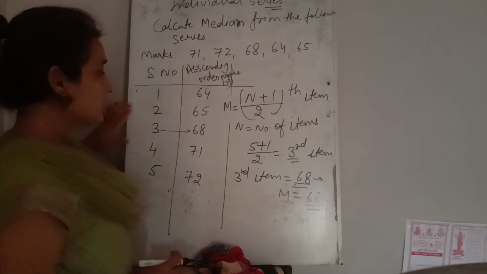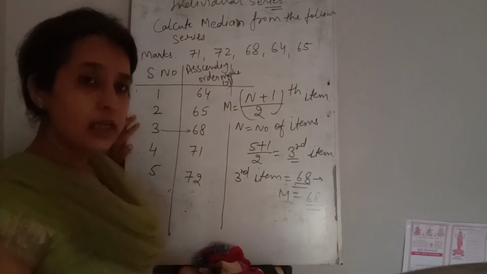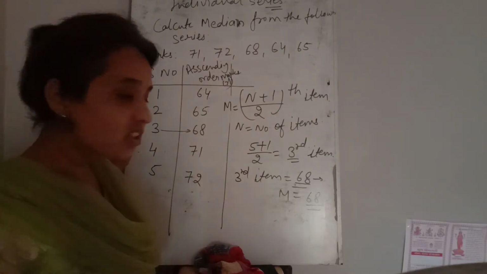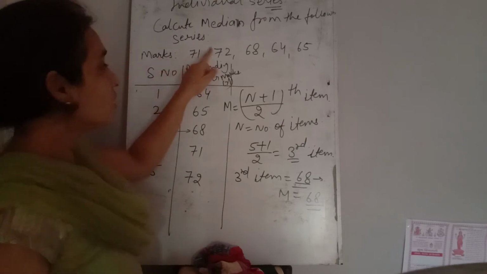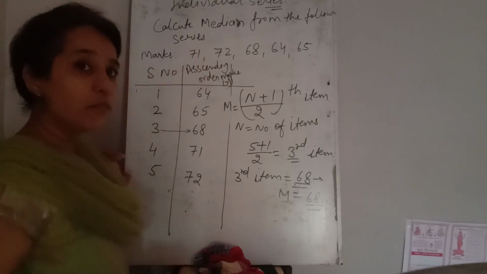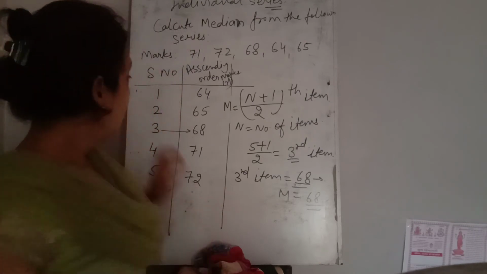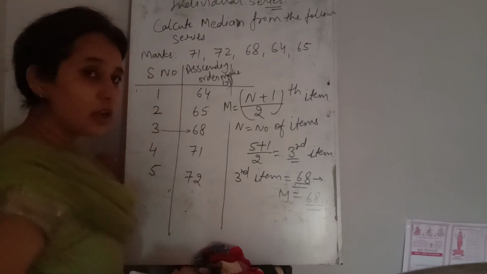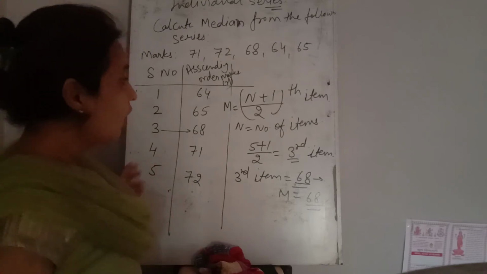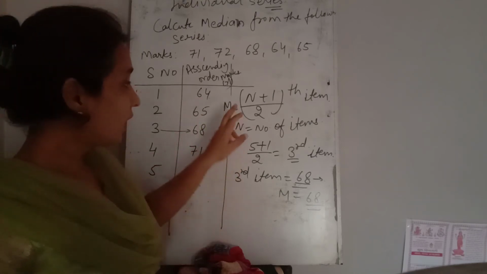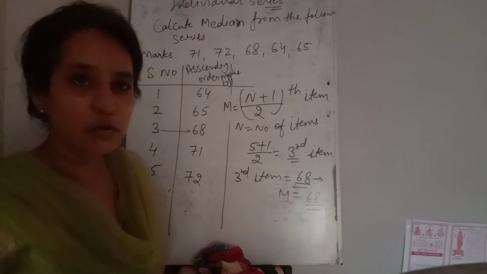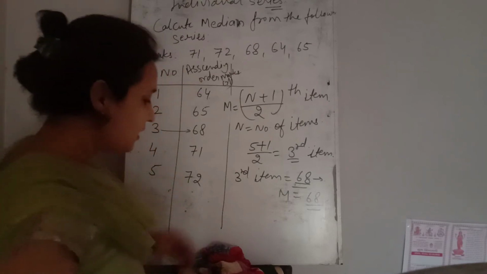While calculating median in an individual series, we have to see whether the number of items is odd or even. 1, 2, 3, 4, 5: all of you know that is an odd number. We apply N plus 1 upon 2 and get the answer in a very easy manner.